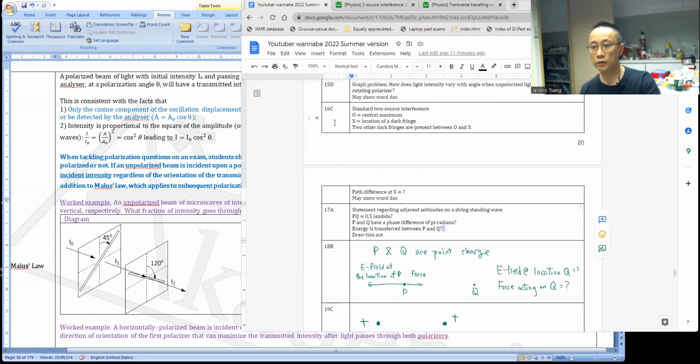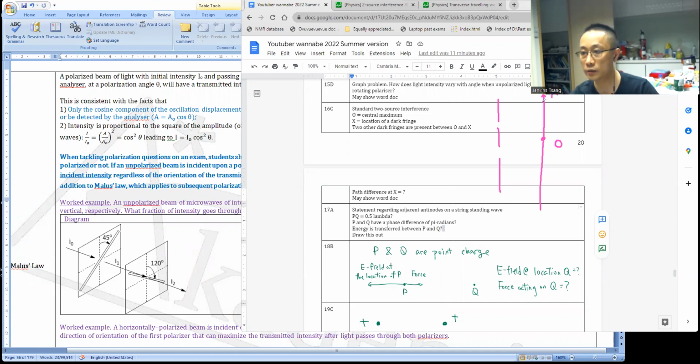Question 16 now, standard two source interference question. So the question describes an interference situation like this. There are two sources and there's a screen, and then there's a central maximum here, and X up there is a minimum.